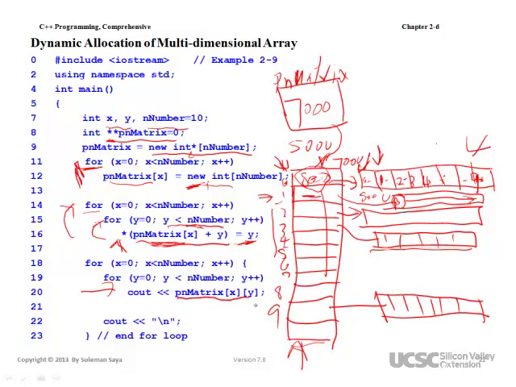This Pn matrix right here looks a little different, but at line number 16 and line number 20, Pn matrix does the same job, it gets the array locations. So at line number 20, we are picking up what we initialized at line number 16.